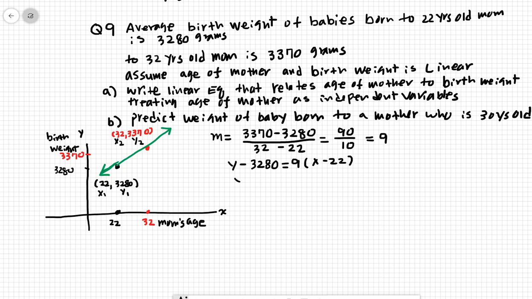You got y minus 3280 is going to be 9x minus, we have to multiply 9 times 22. 9 times 22, I have 198. All right, let's add the 3280 on both sides.